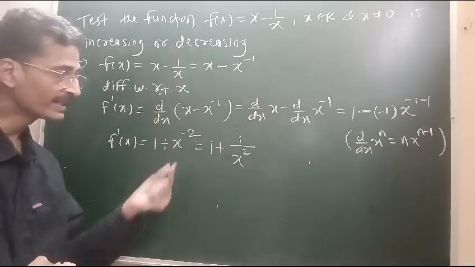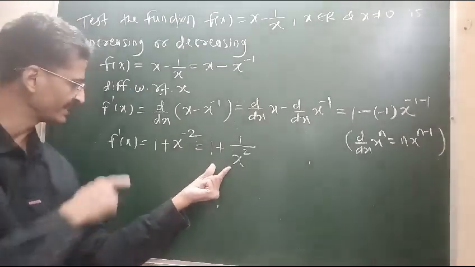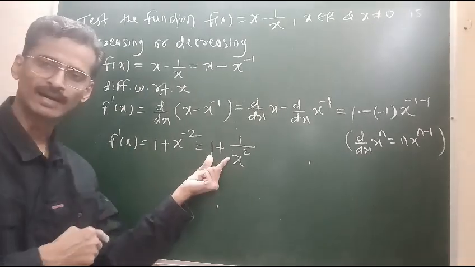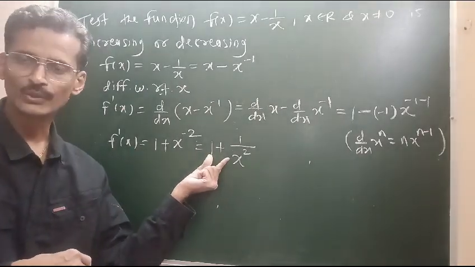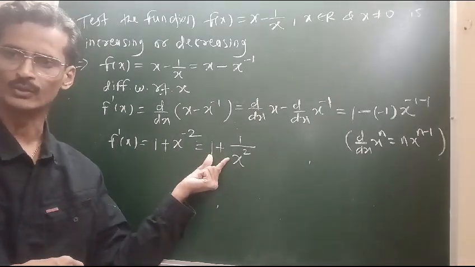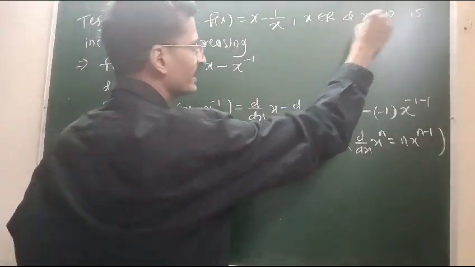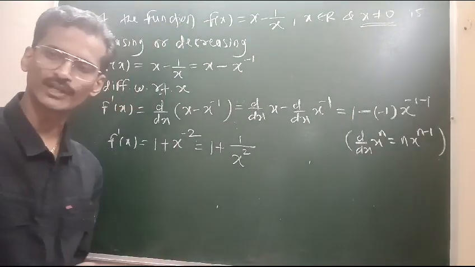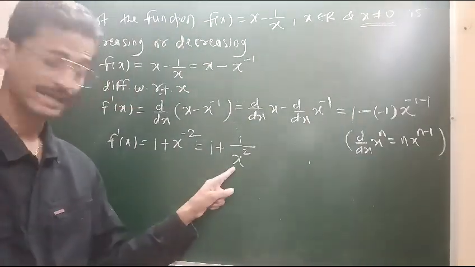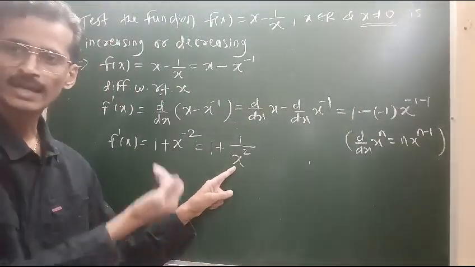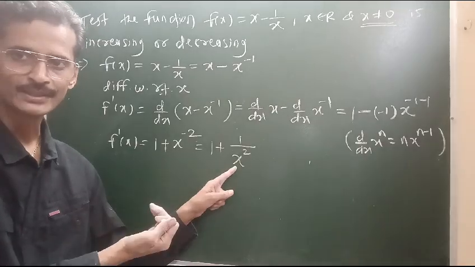Now how can we check whether this function, that is f'(x), this part, is greater than 0, less than 0 or equal to 0? For that, see this given thing. One thing that is given is x not equal to 0, because if x is 0, 1 upon 0 square, that is 1 upon 0, is what?